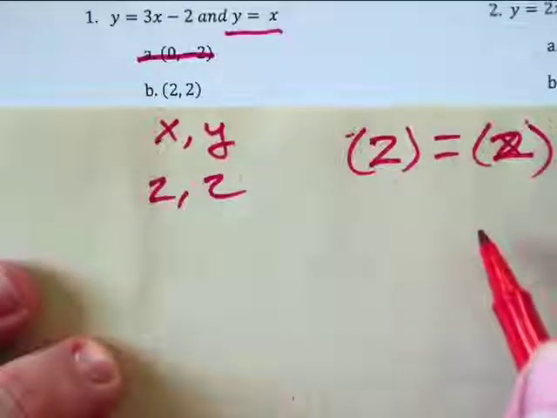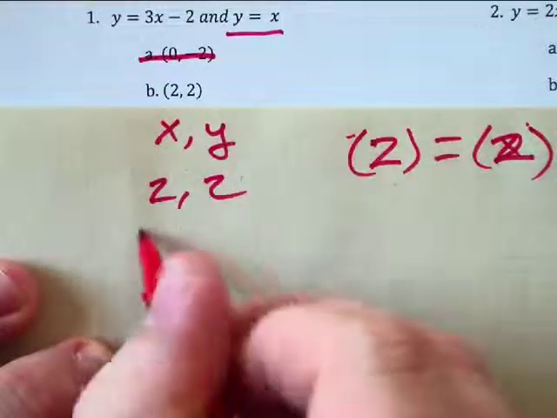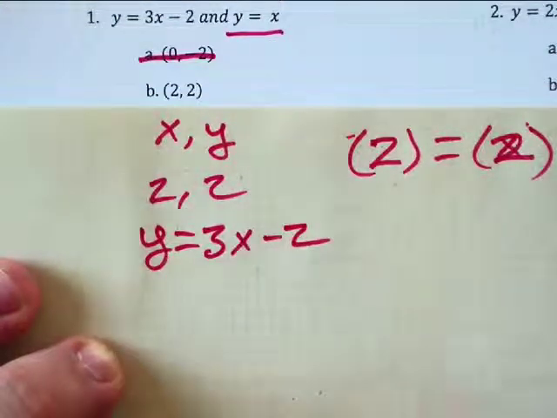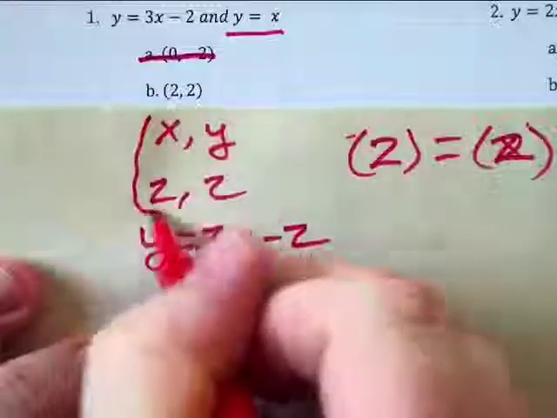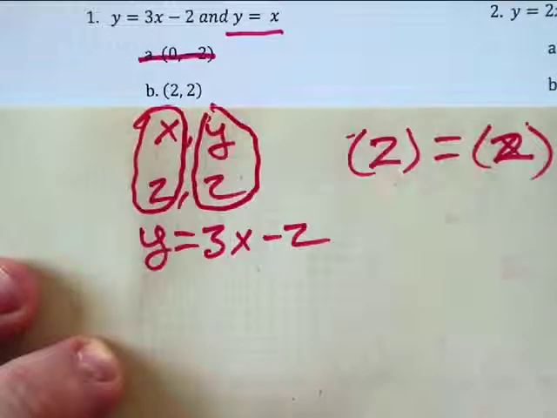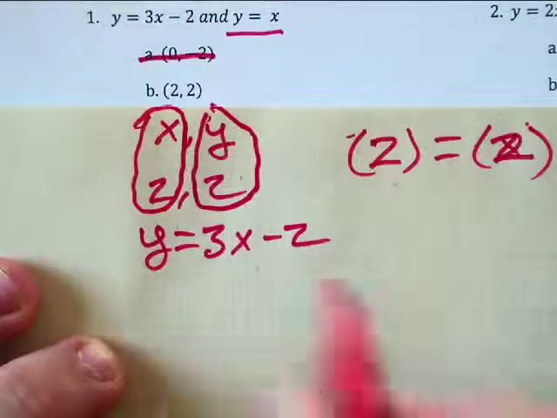Now let's solve the next part. y equals 3x minus 2. Now we need to plug in 2 for x and 2 for y and see what we get.